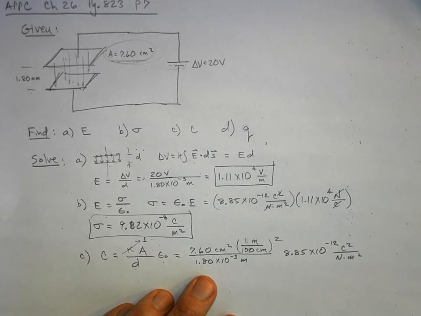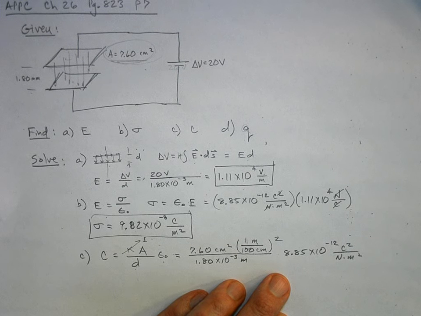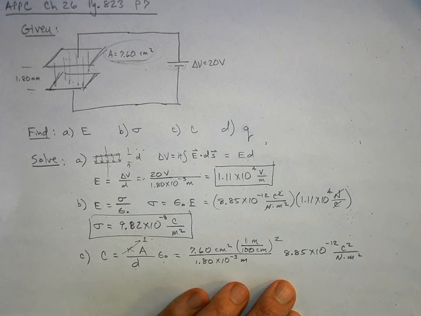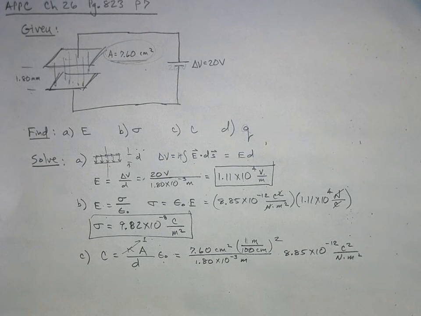I'm going to divide that now by 1.8 times 10 to the negative 3. And then I'm going to multiply that times 8.85 times 10 to the negative 12 equals, and I think this is why most of you are off by a factor of 100, because you didn't divide by that 100.